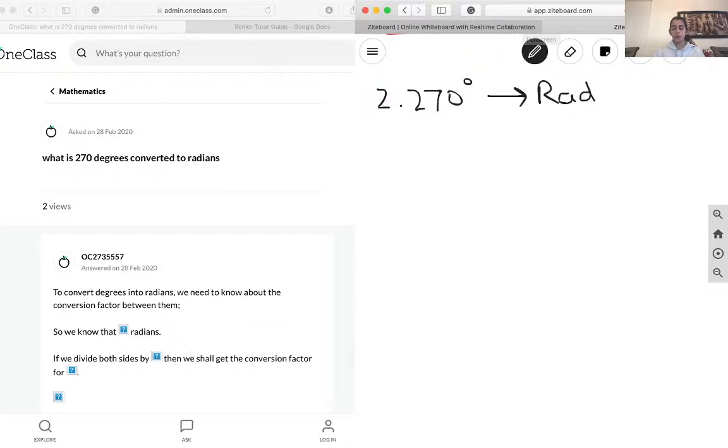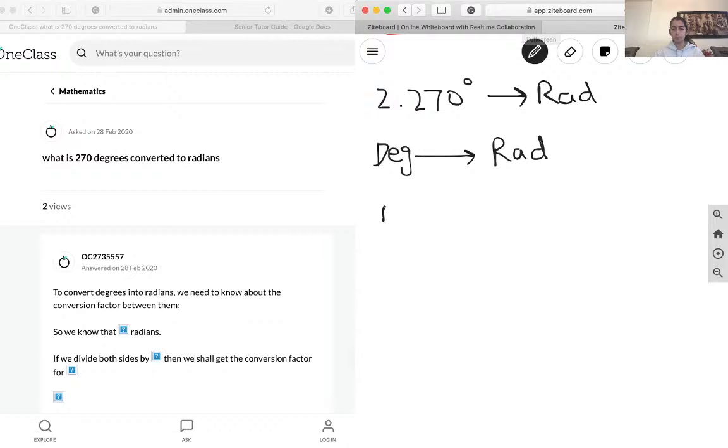Okay. So two formulas that we might be using when converting from degrees to radian or radian to degrees is this one. If you want to turn from degrees to radian, you take the degree.